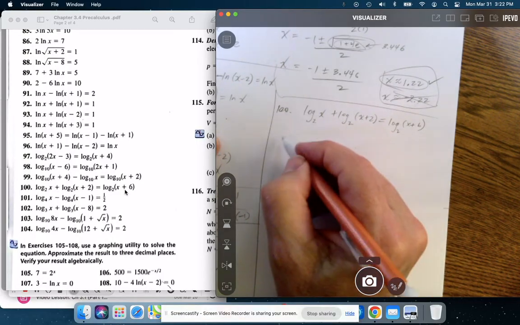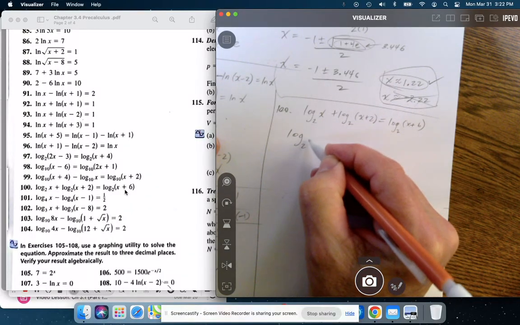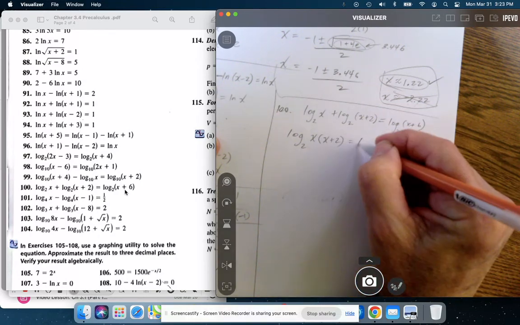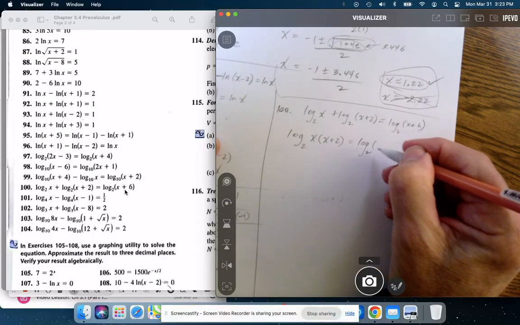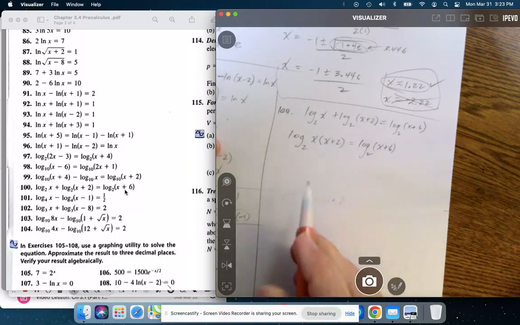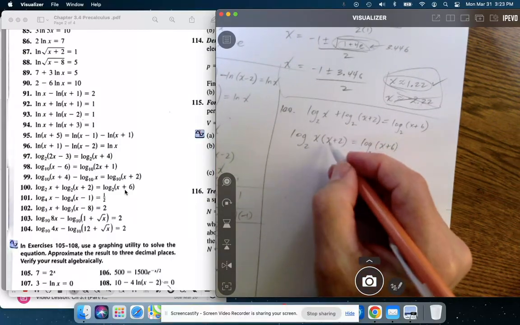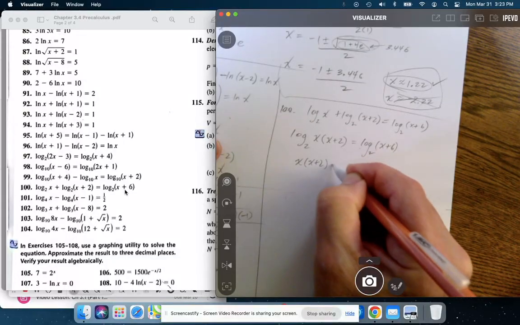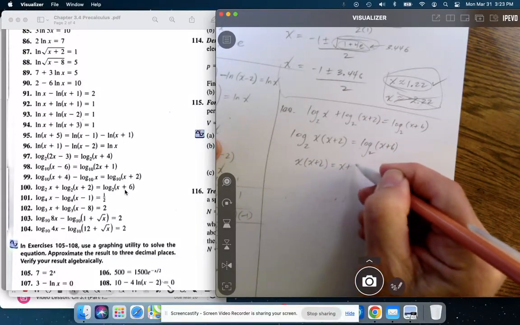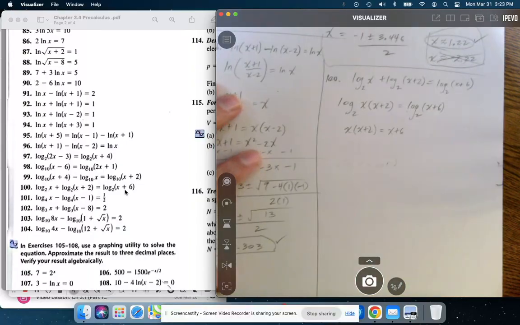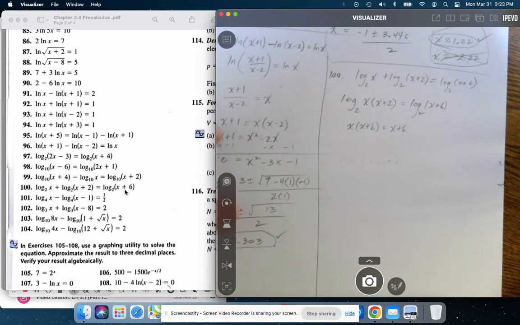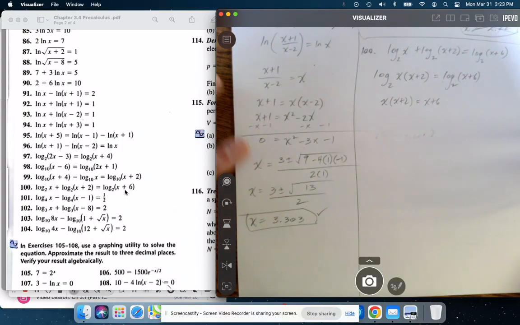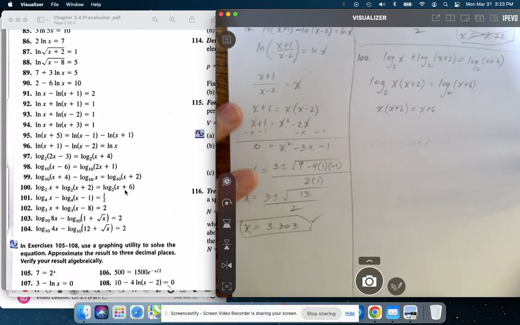We got addition, so we can rewrite this as log base 2 of x times x plus 2 equals log base 2 of x plus 6. And then you can get rid of the logs now, so x times x plus 2 equals x plus 6. And you have a quadratic again, and then you'd use the quadratic formula, or if you're lucky, it will factor. And I won't continue with that. It's pretty much the same stuff as what we did right here, this problem here.